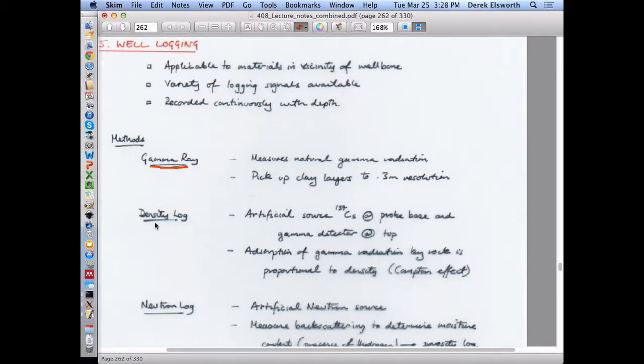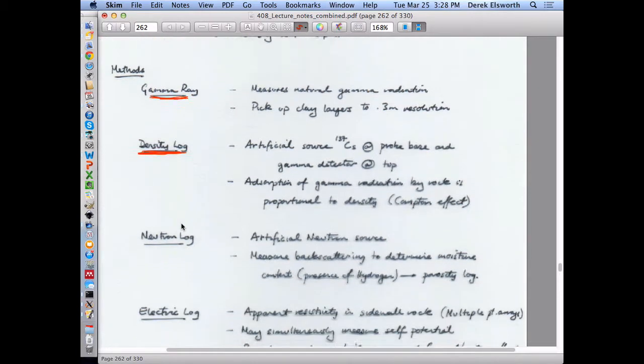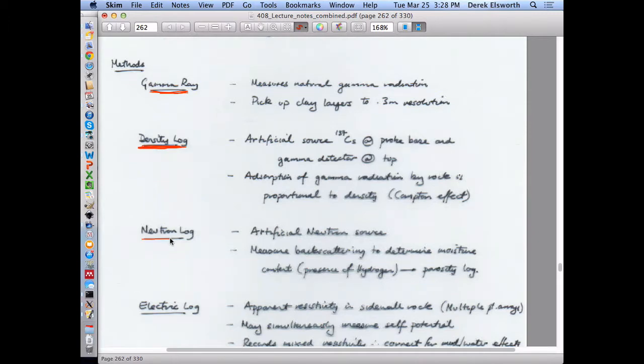You can use a cesium source and the backscattering to figure out what the density is. And the density might be some indicator also of a material individually. You can use a neutron log, just like you can use a Troxler instrument.